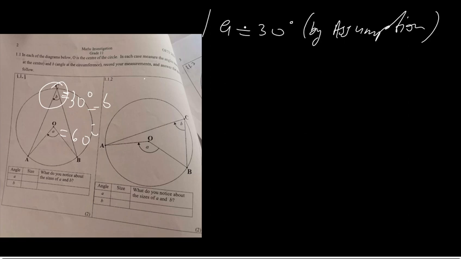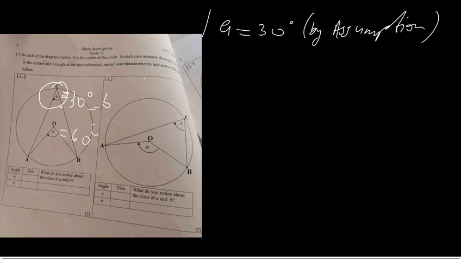When you are answering on a test or on your investigation, in case you are lucky you haven't submitted your investigation yet, do not write this by assumption. I am saying by assumption because I didn't measure these. So it's an assumption.